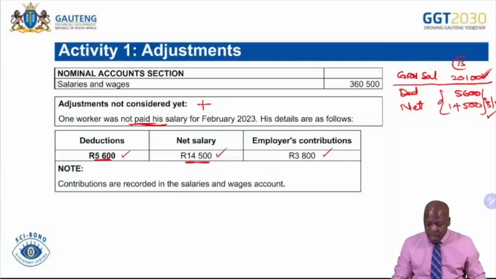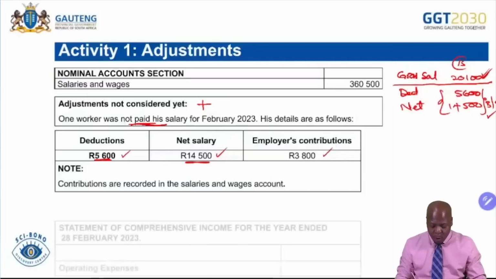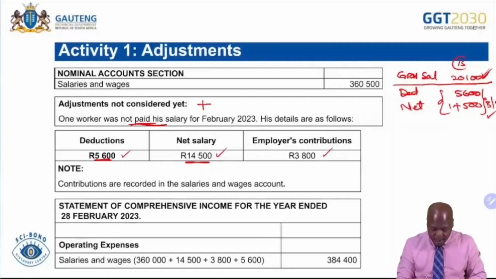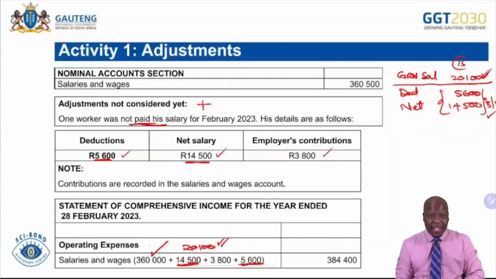Now, in my income statement, I would come and say the salaries, the amount from the trial balance, which is my 360. And then I'm coming to add my 20.1. For you to see my 20.1, it is my 14.5 and my 5.6. That gives you the 20.1. So even if someone came and recorded 20.1, you would still be very correct, because in the income statement, we want to show the gross.